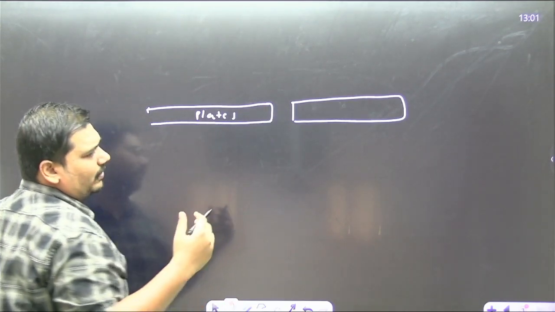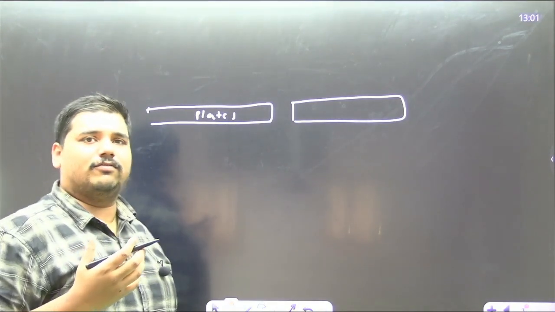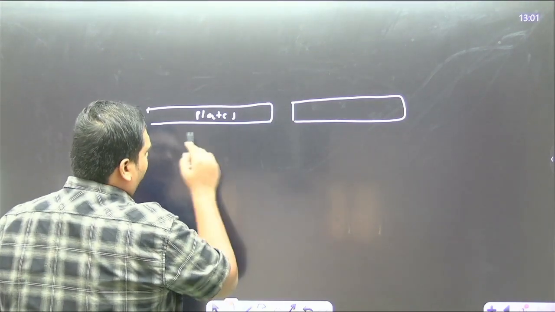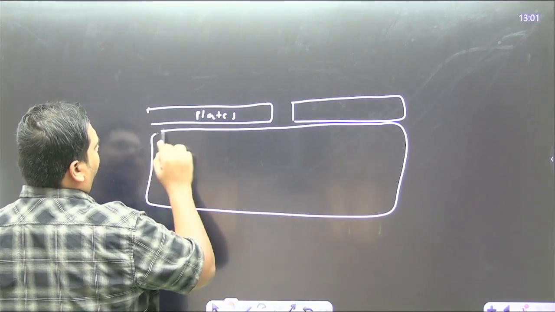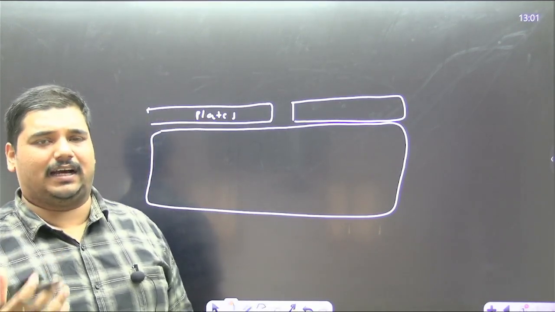Underneath the plates, we know that the asthenosphere is in a state of molten lava. Therefore, within the asthenosphere present below the plates, there is something called a convectional current.